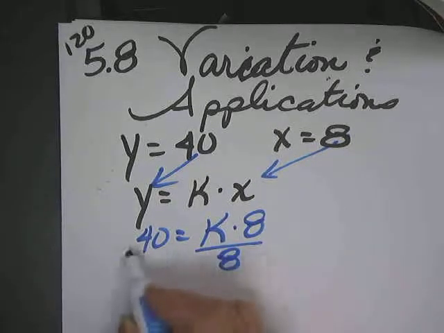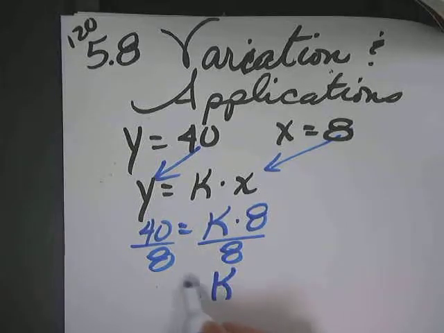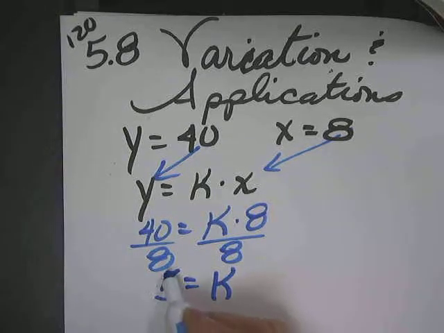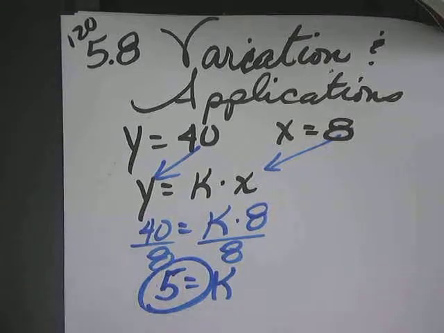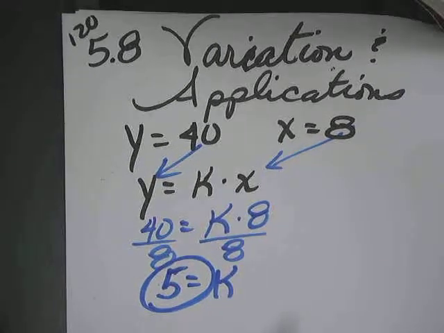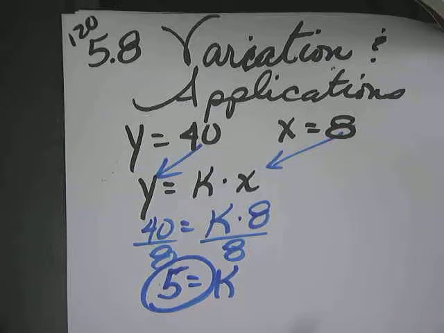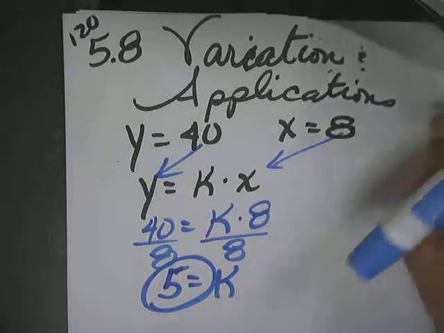So divide by 8, and k is what? 5. So your constant of variation is 5. Y is 5 times as much as x is.